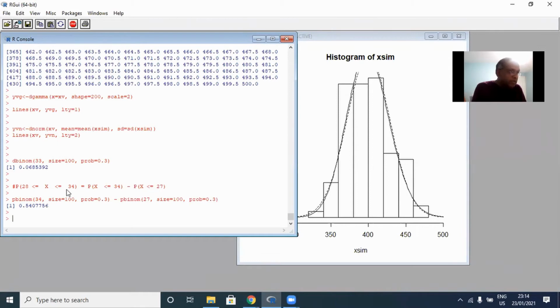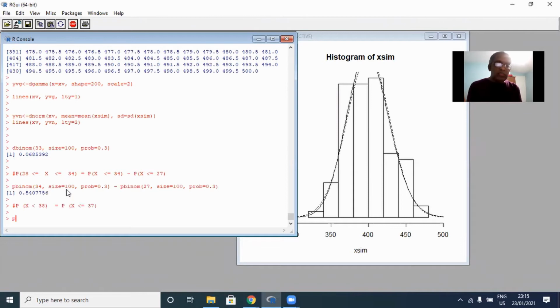Finally, the probability that x is less than 38. Because x can only take integer values, we can write this as the probability that x is less than or equal to 37.